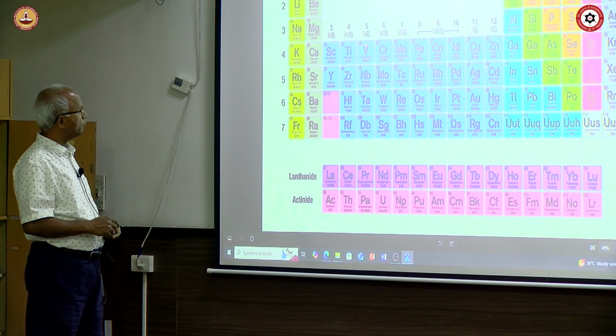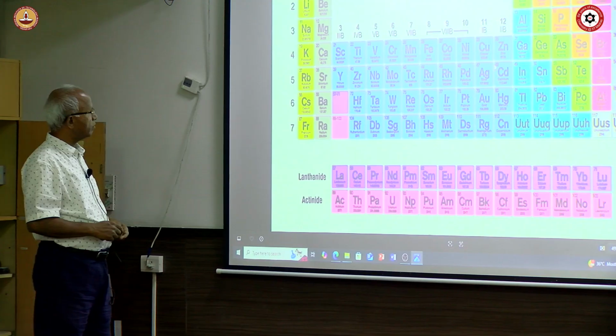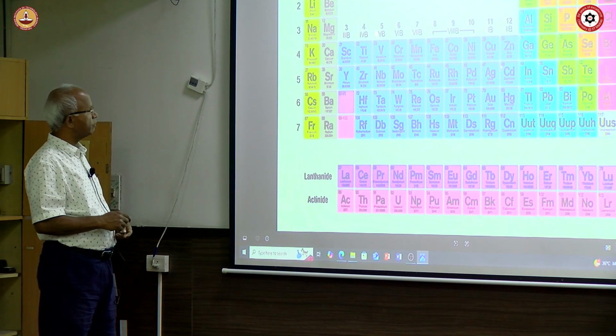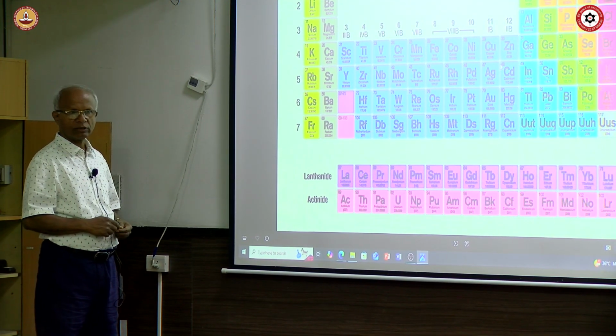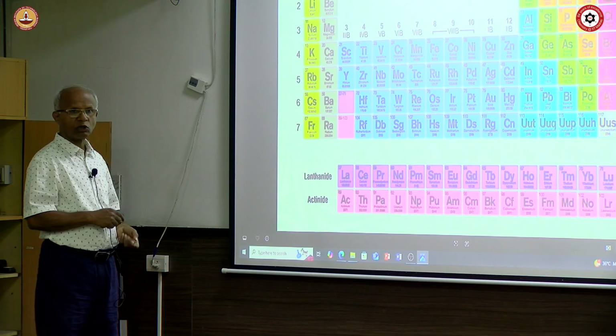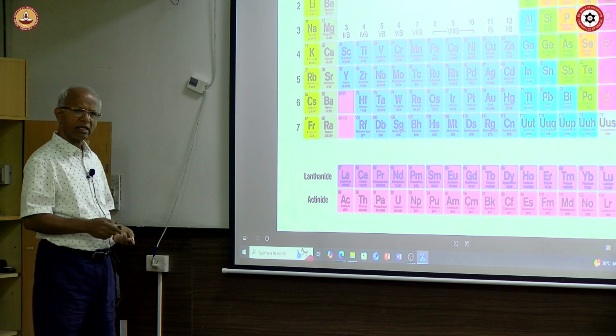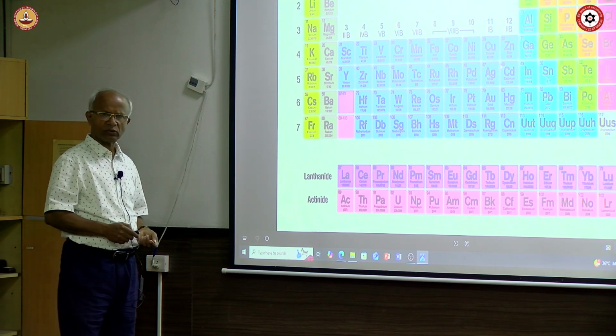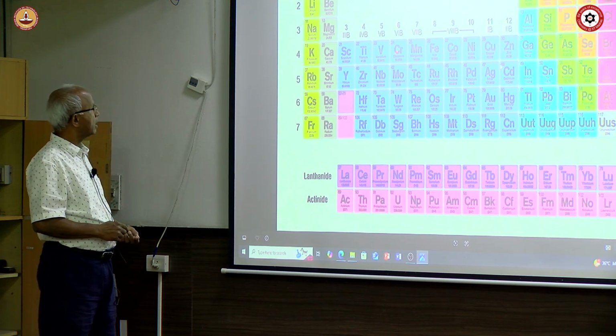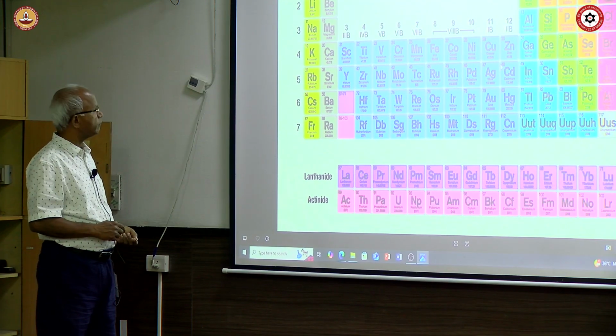Similarly vanadium +5. You can see here, that is one other advantage of this grouping. So +5, but +3 is also known, though the most stable is +5.